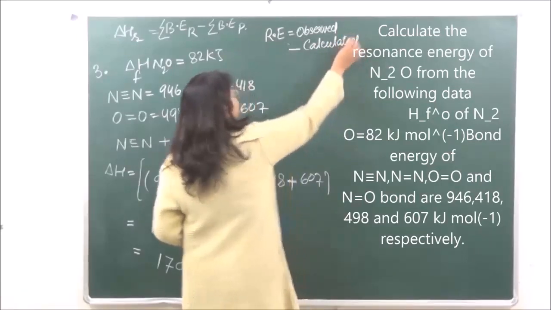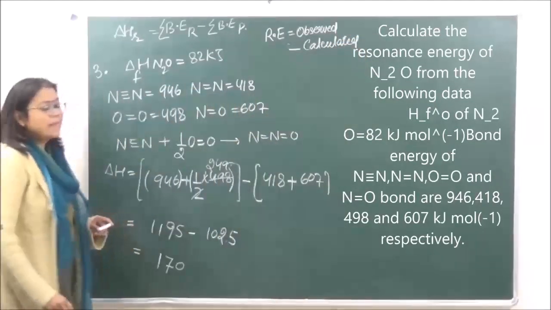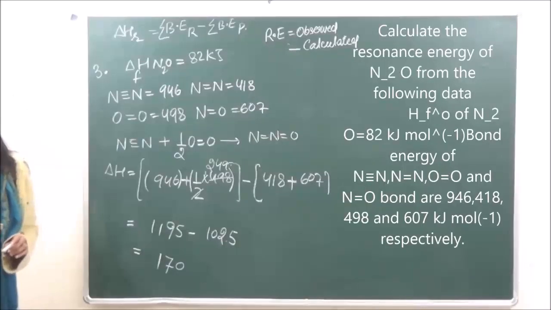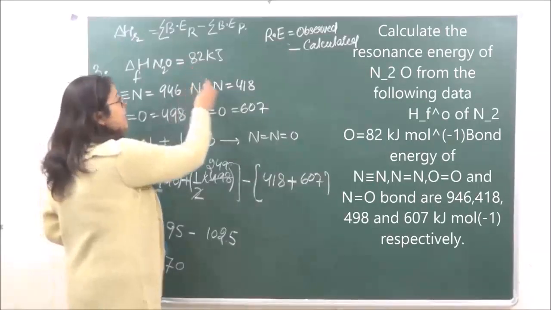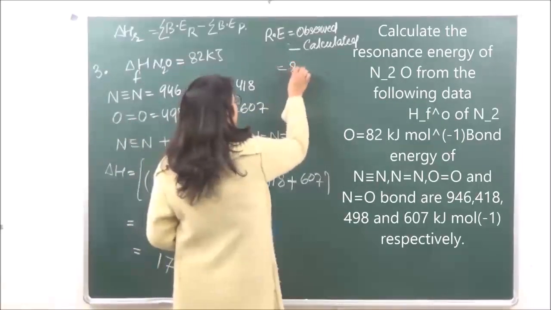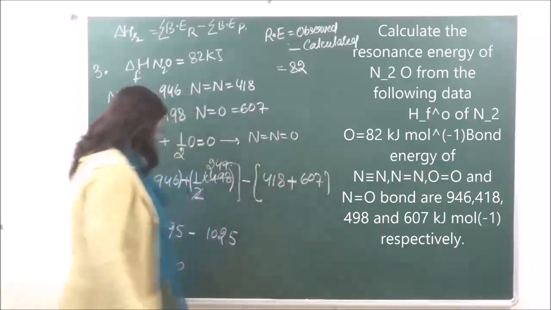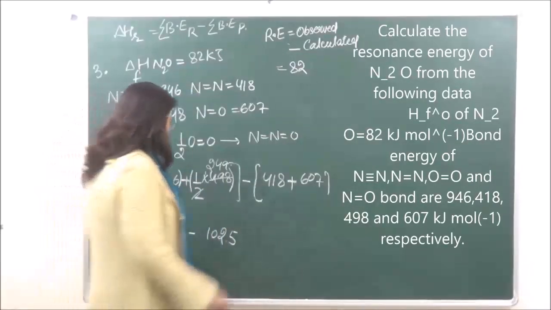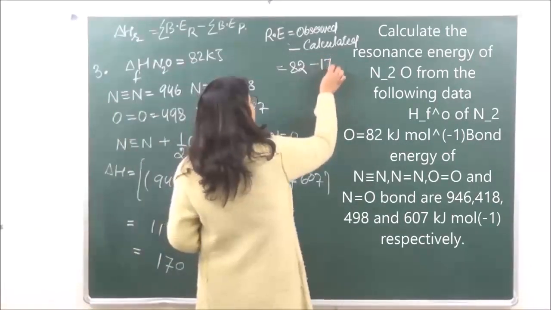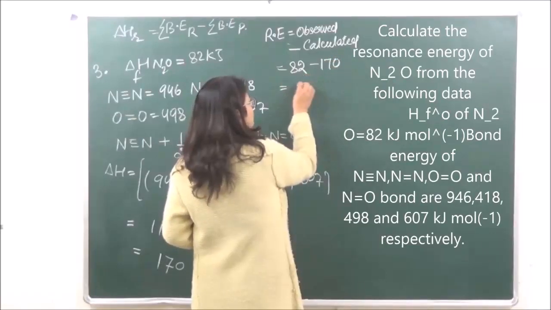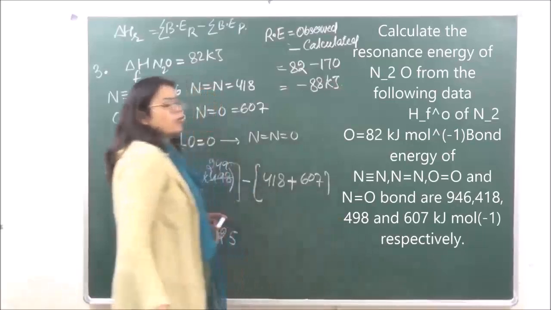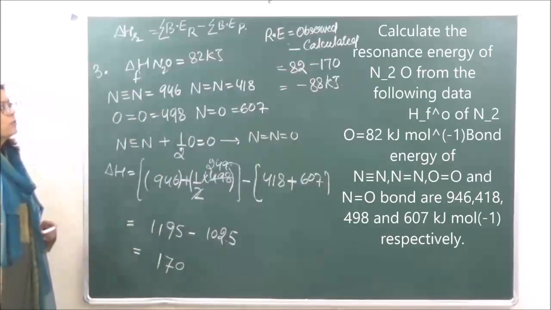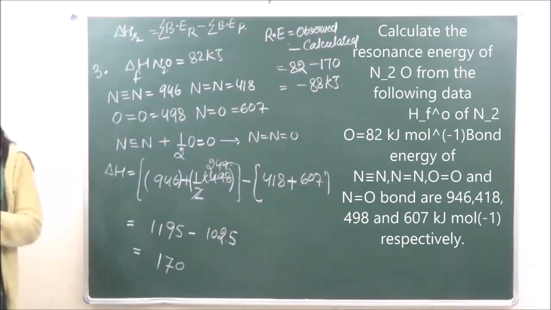Now over here when we are taking the observed, which one do we have to take? So the observed heat of formation is what is given to you in the question, 82, right? So that is going to be 82, and the calculated is what you have calculated here, that is going to be minus 170. So when you do this it will become equal to minus 88 kilojoules per mole. This is going to be the resonance energy.